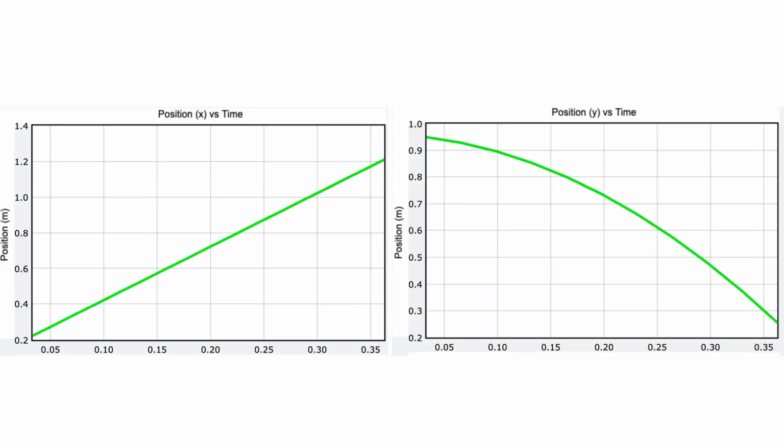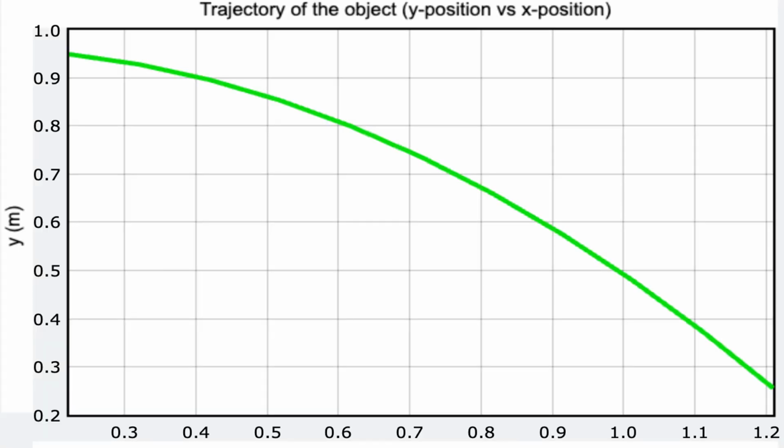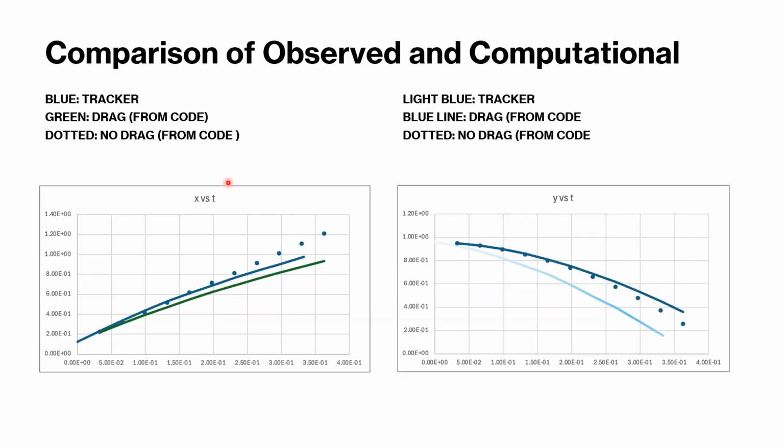These are the position and time graphs for both X and Y that we got from the code. And this is a combination of both the X and Y position, which would give us the trajectory of the object. A comparison of the observed and computational. So in X versus time, we can see that the blue, which is our tracker, deviates from both the green, which is the code drag, and the dotted, which is the no drag from code.